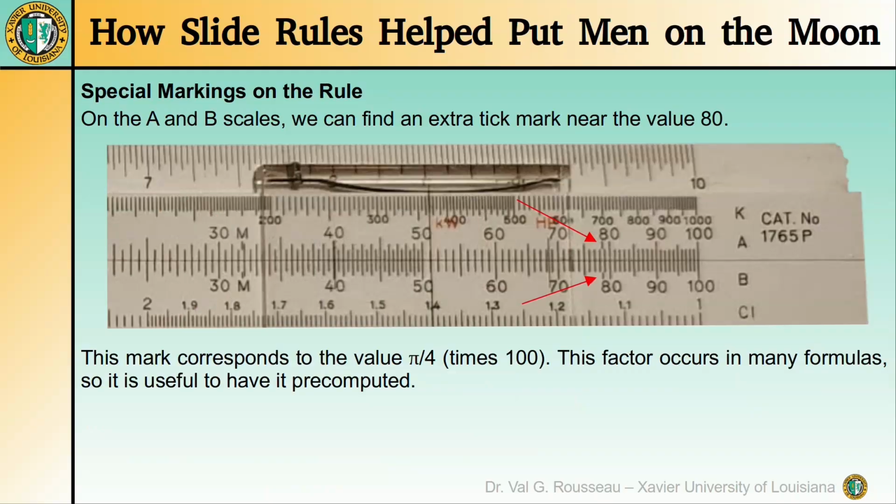If we pay attention, we can find on the A and B scales an extra tick mark near the value 80. It corresponds to the value pi over 4 times 100. It is a factor that appears in many formulas, so it is handy to have it pre-computed. In particular, it can also be used in order to compute the area of a circle from its diameter.